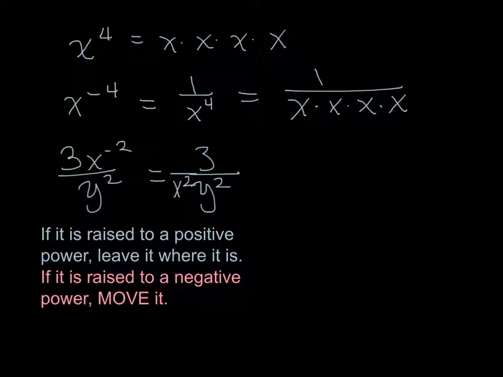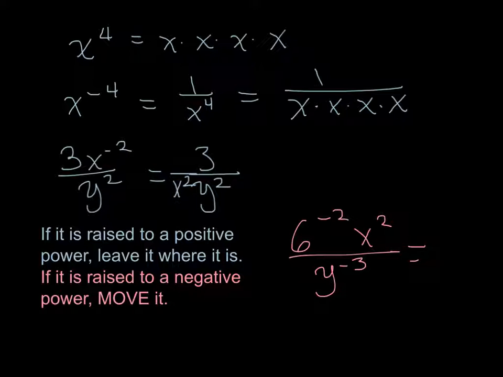So if we take a look at a couple more examples here, if I have, let's see, 6 to the negative second power, x squared, y to the negative third, okay, and I want to rewrite that with all positive exponents, I look at everything individually.